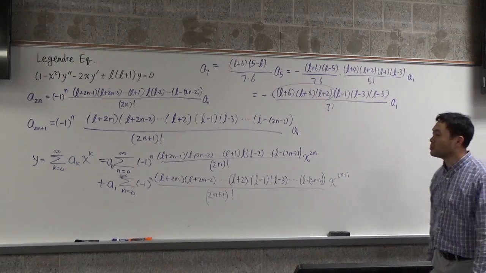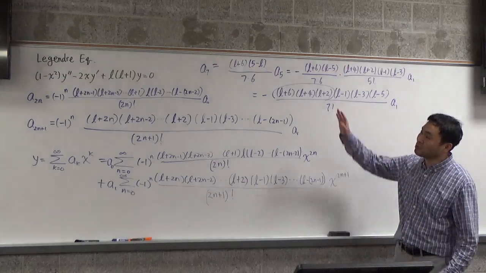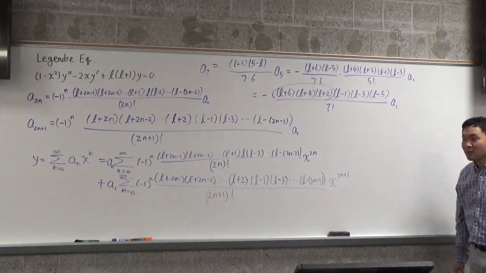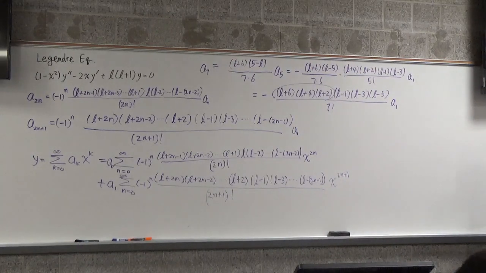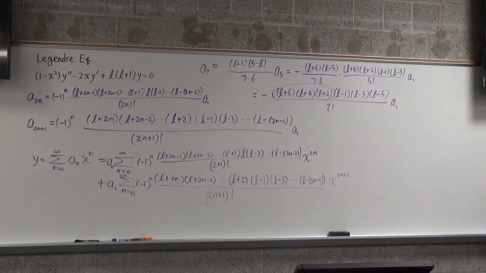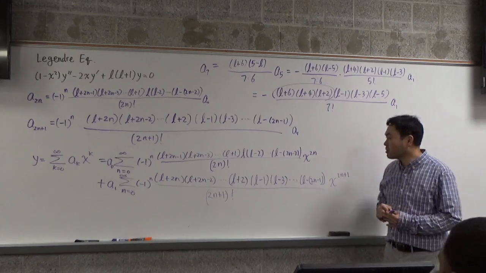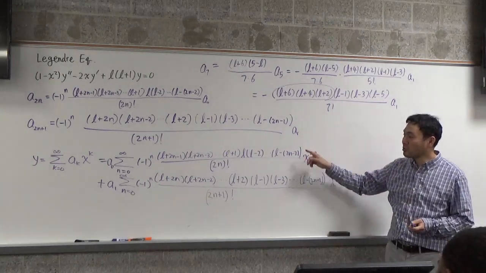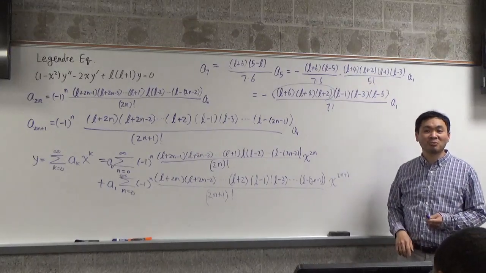Alright, so we have these solutions as the solution of the Legendre equation. Now, I said that L is a positive integer, right? It turns out that depending on whether L is even or odd, these horrible things become 0.